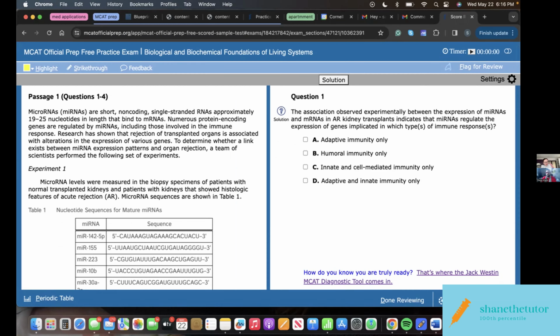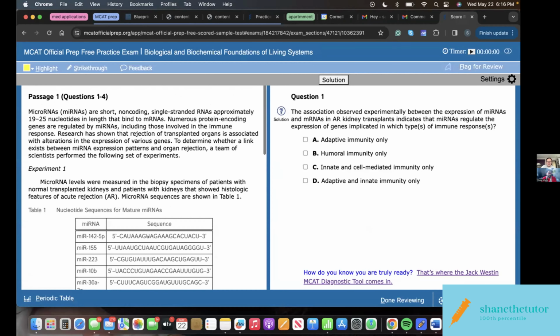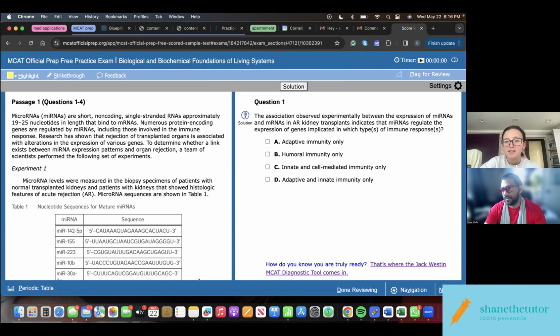So I learned about microRNAs in biochem a few weeks ago, so I was going off of what I knew from there. I honestly can't remember what I picked as the answer when I was doing it. So it feels like I'm taking it from scratch.